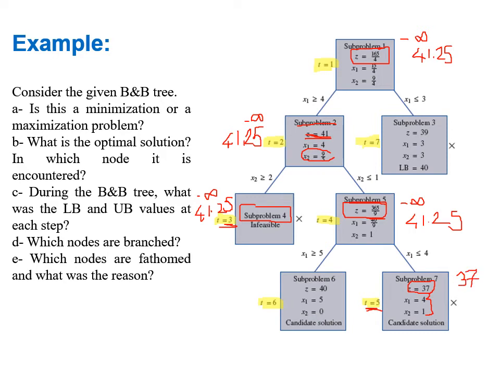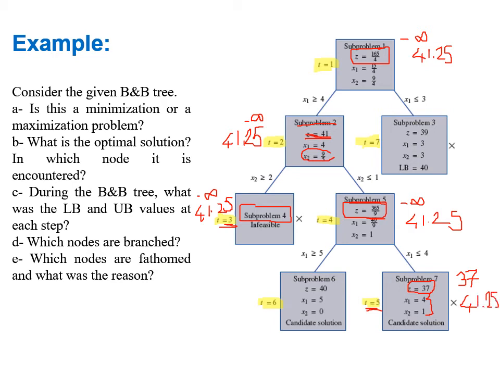The upper bound is the best possible that we can obtain from the unexplored nodes, and the unexplored nodes are subproblem 6, for which the best possible comes from its parent, and subproblem 3, for which the best is coming from its parent. Therefore, we still have 41.25 as the upper bound.